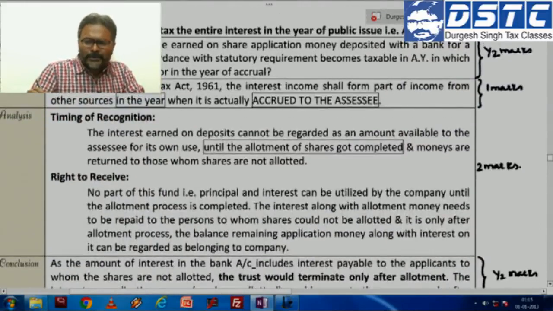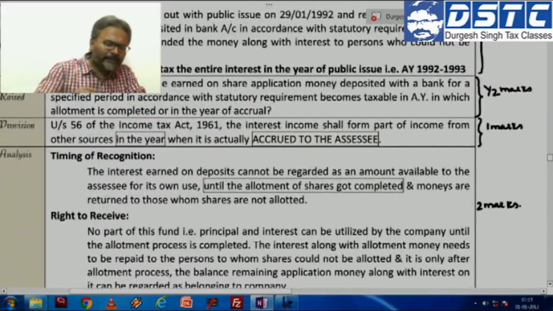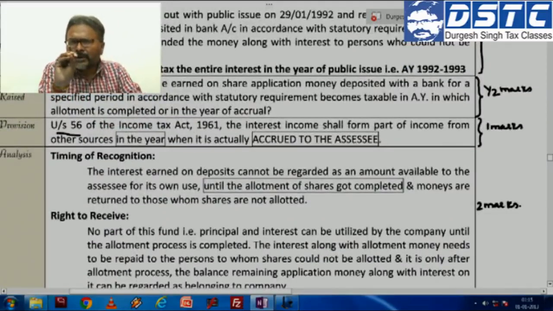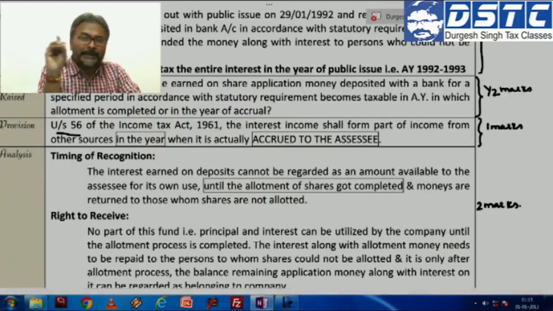Now as I told you, the big chunk, anyways, people will write at least the provision. You may in fact under 56. I will also tell you which case law, what will be the real botheration to the students. So try to remember that aspect of that case law. As I told you, in this case law, students will write 56.